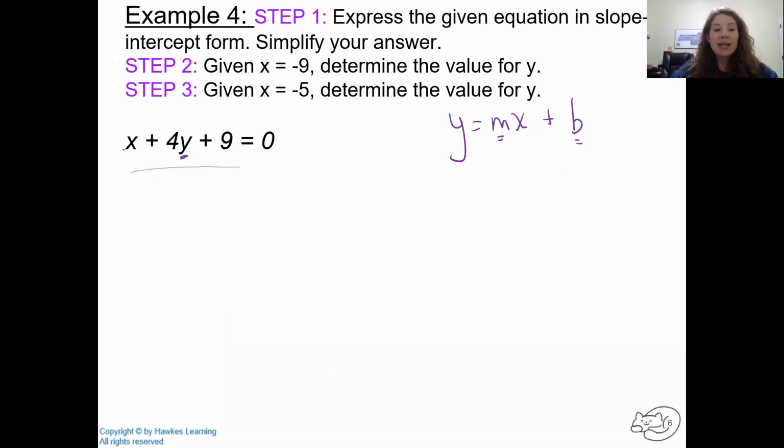Well, I notice I have an x over here. I want y by itself, so I have to get rid of this positive x. The only way to get rid of a positive x is to subtract x from both sides. So let's do that first. That's gone. We're going to bring down 4y plus 9 is equal to, well, 0 minus x is -x, right? 0 goes away. Now we still want y by itself, so we're also going to get rid of plus 9.